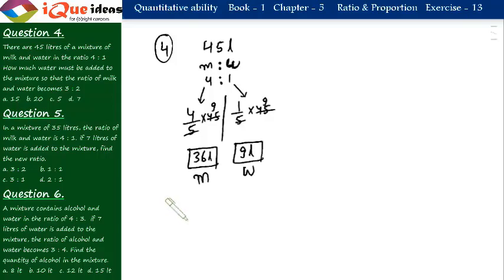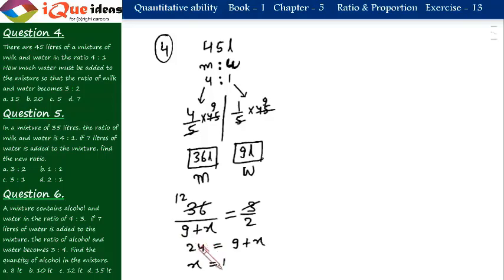Now that means milk will remain same, that is 36, and water will become 9 plus X. The new ratio should be equal to 3 is to 2. From here, 3 cancels 36 12 times. So we have 12 into 2, 24 is equal to 9 plus X. So X is equal to 15 liters. That means the quantity of water required to be added is 15 liters.